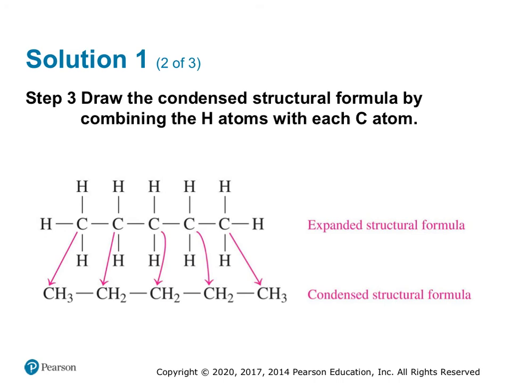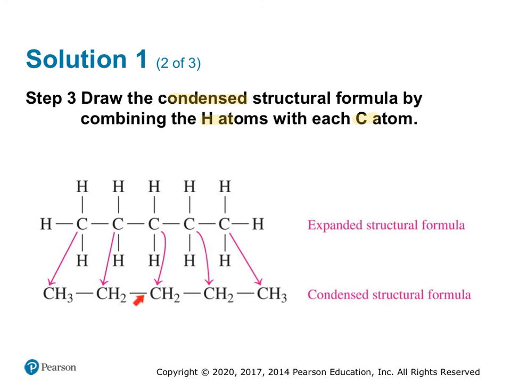You can draw the condensed structural formula by combining the hydrogen atoms with each carbon. So instead of drawing out 1, 2, 3 hydrogens, I would just write CH3, indicating that there's 1 carbon with 3 hydrogens attached to it. Then I draw the bond between the carbons, and then I see this carbon has 1, 2 hydrogens, so I write CH2.